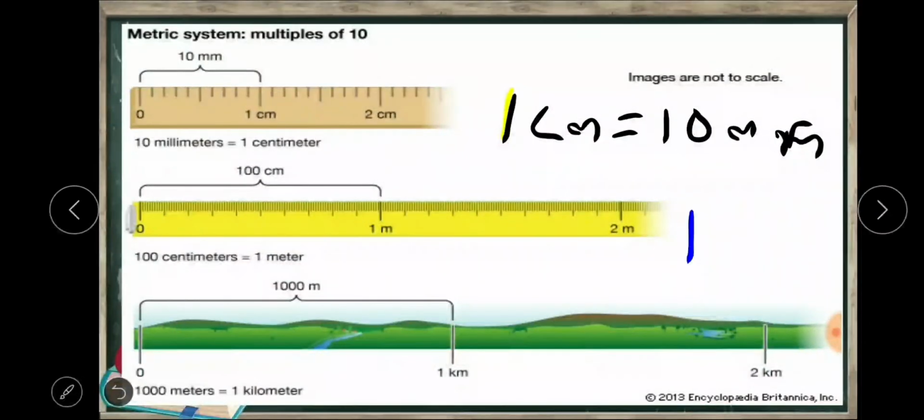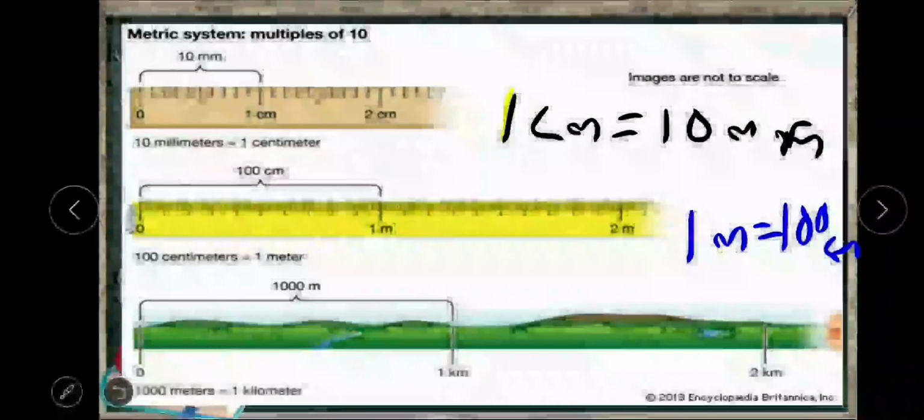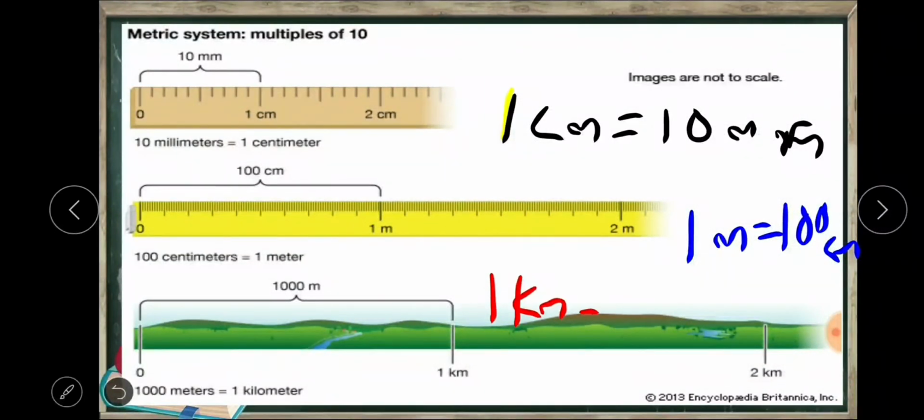And in the case of kilometer, we can say there are 1000 meter in 1 kilometer. In the distance between 0 and 1 kilometer, there are 1000 meters. So we can say 1 kilometer is equal to 1000 meter. Okay, children.